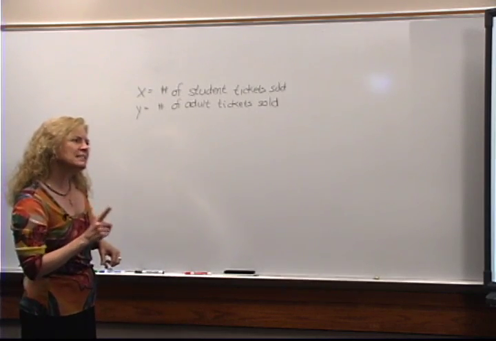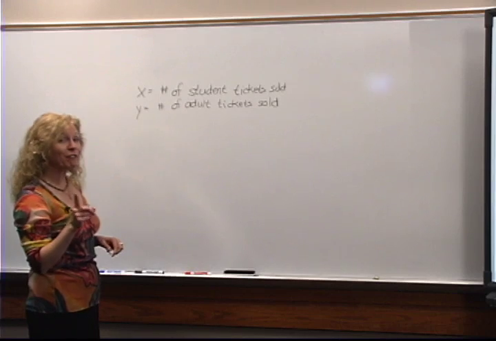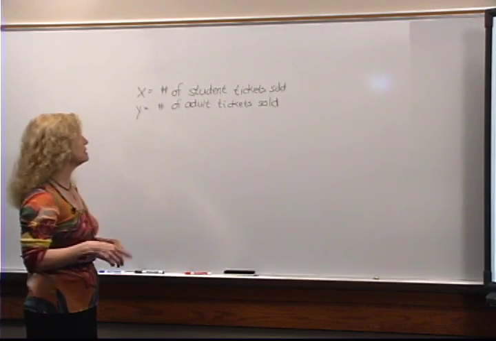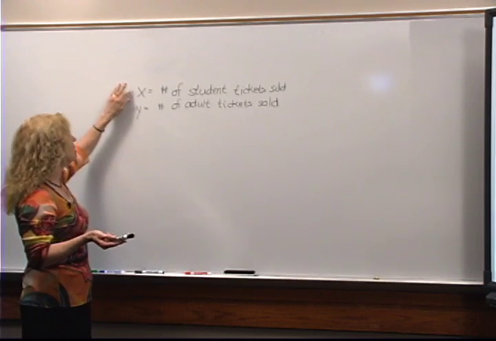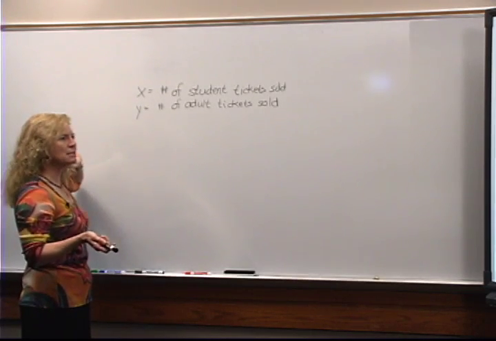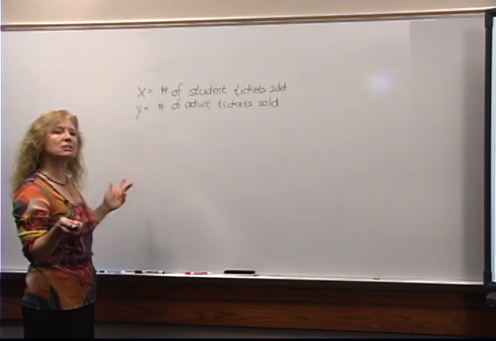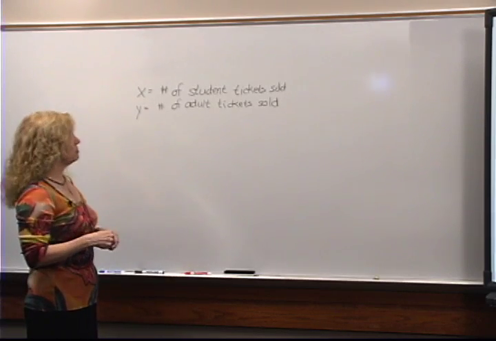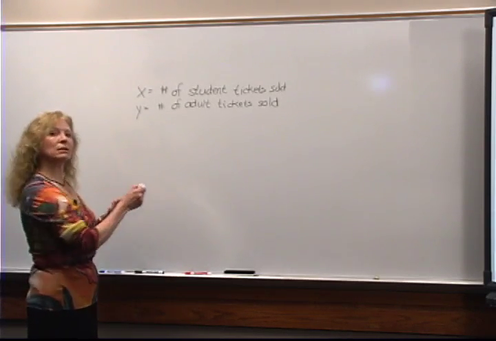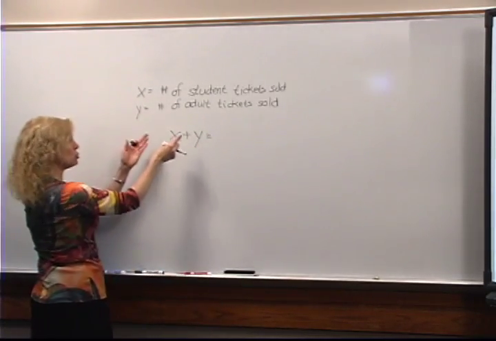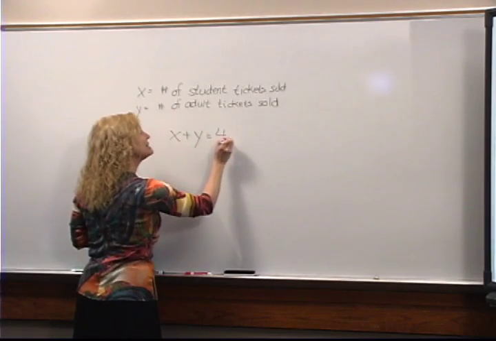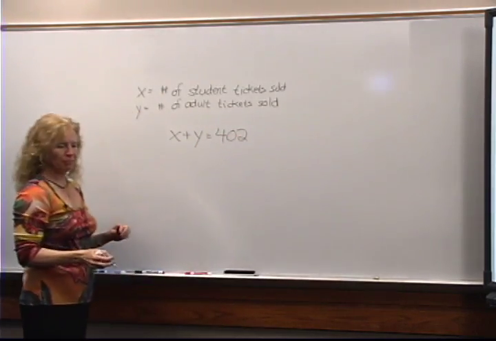So one piece of information that I have is that there were 402 tickets sold. Well, if X is the number of student and Y is the number of adult tickets, how does that relate to the 402? Do X plus Y, and you know the total number of tickets sold has to be 402.